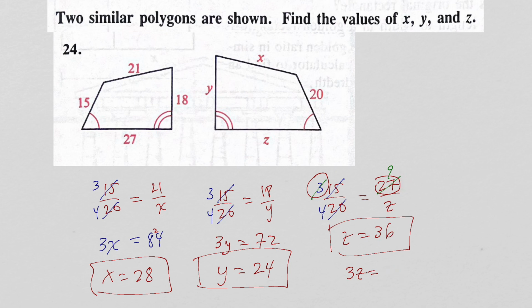So I have 4 times 27 is 108. And then when I divide, I get z is equal to 36. It was easier for me to cancel here instead of dividing this out. So I'll get z equal to 36.